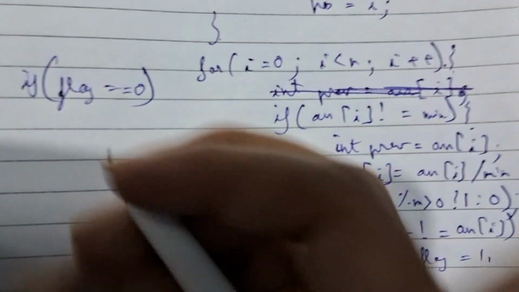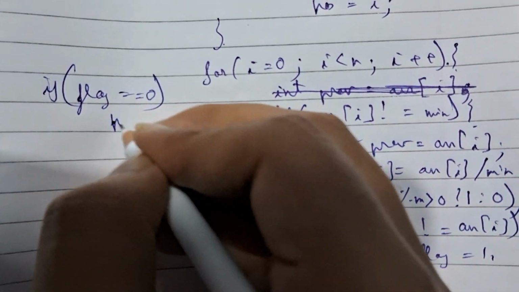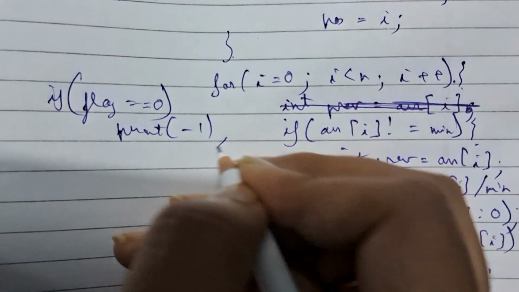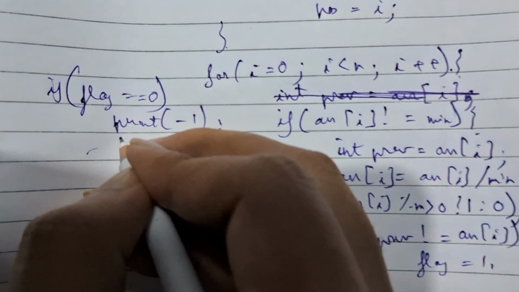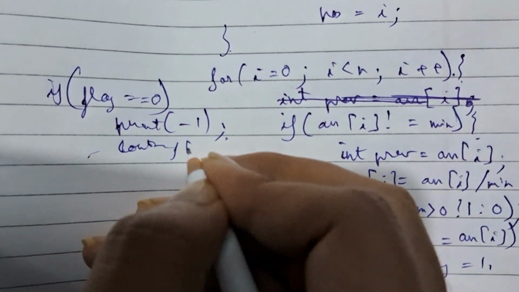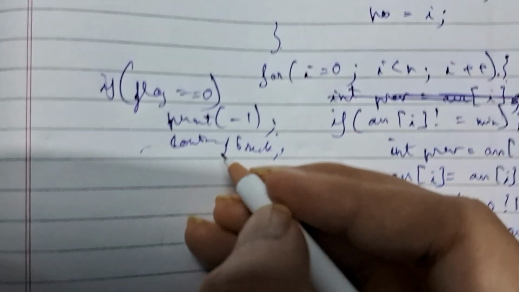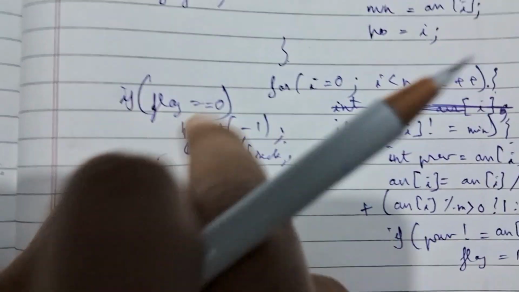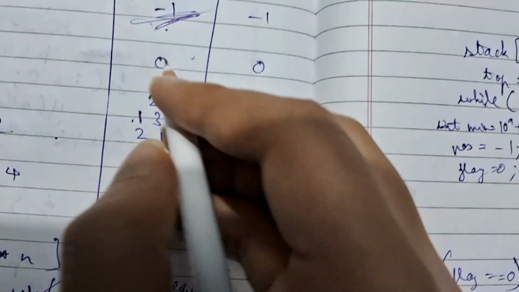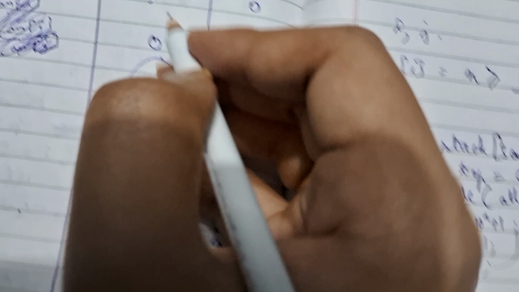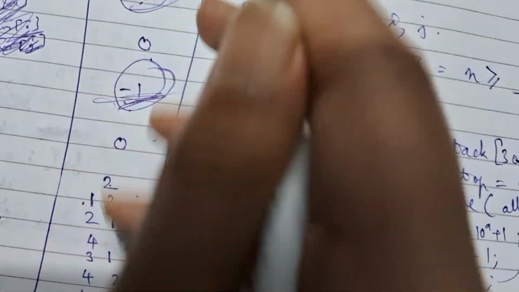So if flag is equal to 0, we can print -1, and then continue or break, whatever. So this -1 condition we have got, 0 condition we have also got.